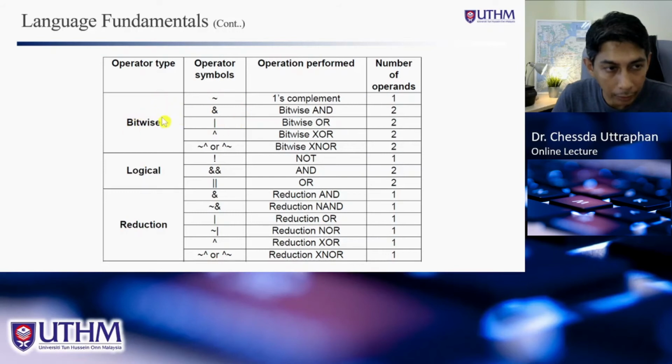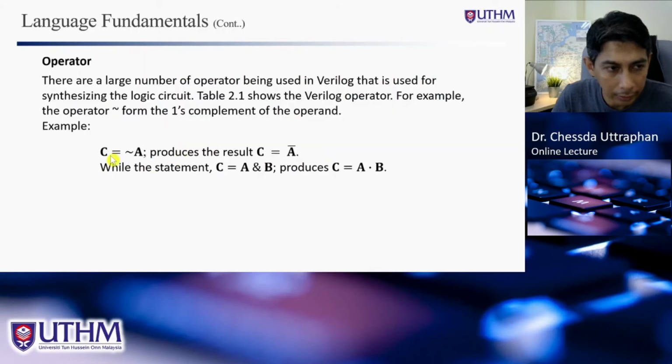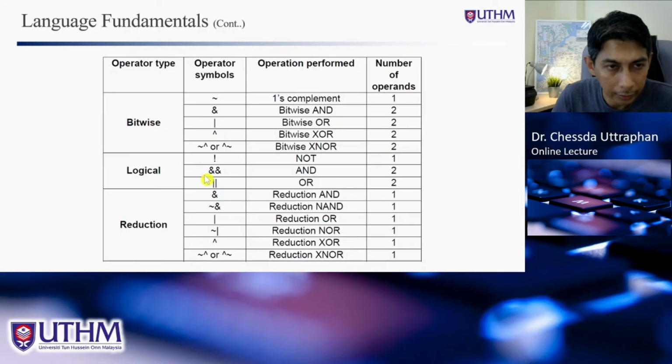Okay, so the first one is bitwise, which means that the operation is operated bit by bit. For example, we want to have C equal to not A. So if A is 1 bit, then not A is 1 bit, and A and B, and so on and so forth.